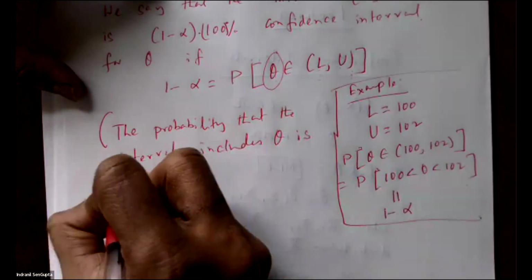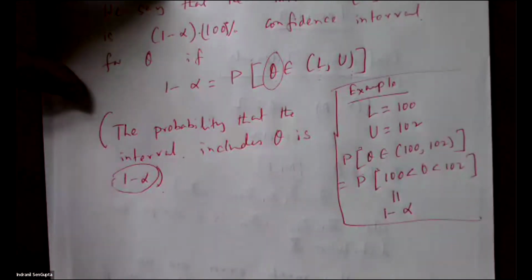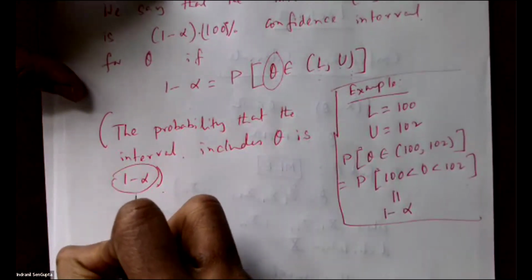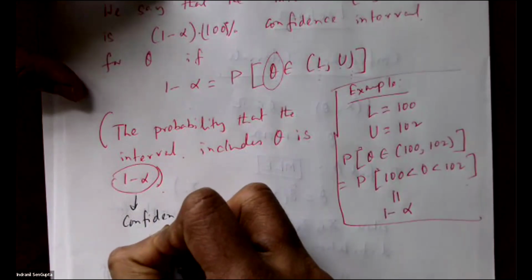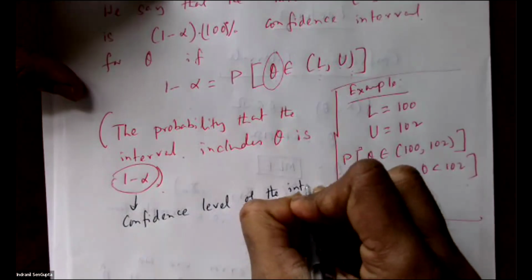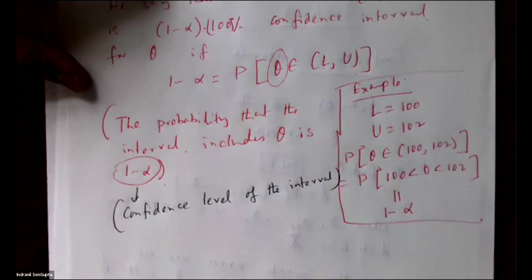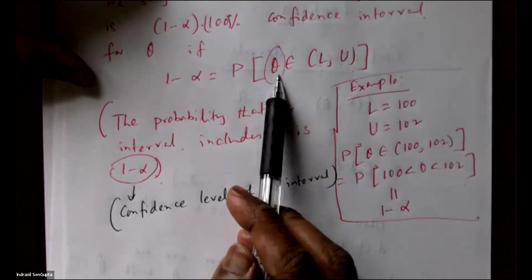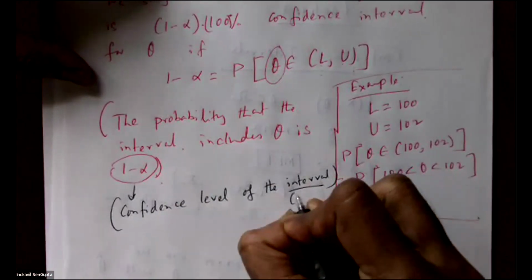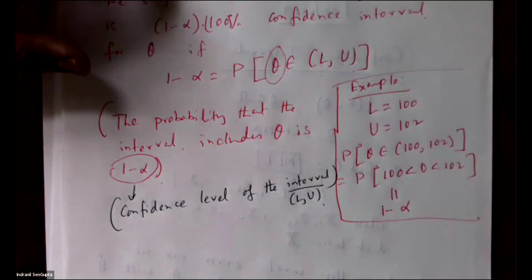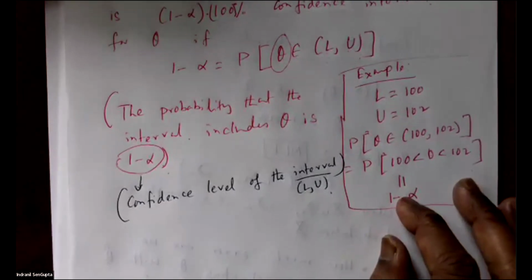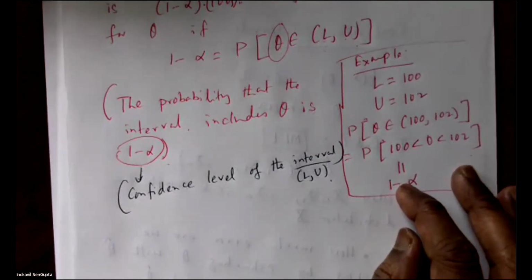And this 1 minus alpha is called the confidence level of the interval. That means how confident you are that your actual theta is between that interval. And by interval, I mean L to U, that particular interval. It'll be much more clear when we do some real examples.